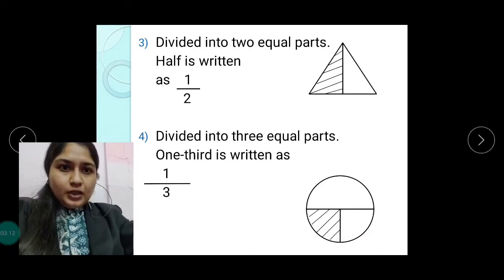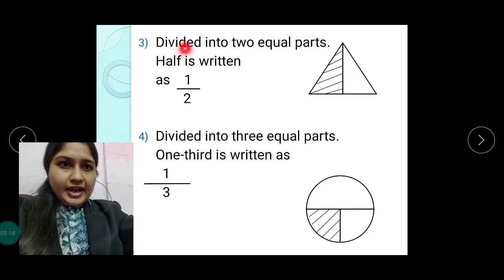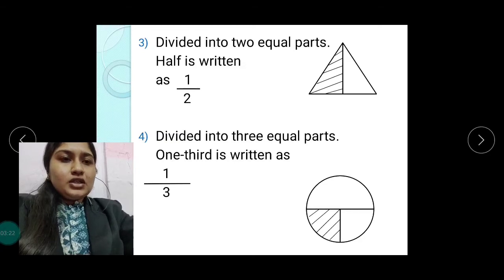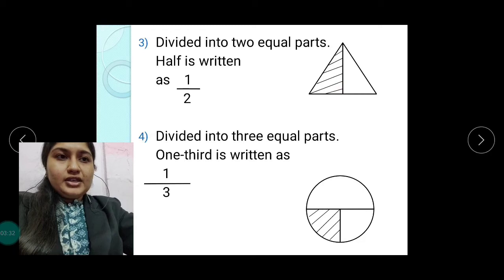As you can see here, the third point: divided into two equal parts, half is written as 1 upon 2. Right? Students, can you see here what is given? Yes, a triangle. So, a triangle is divided into two parts. See, this is part 1 and this is part 2. Students, which one is shaded here?